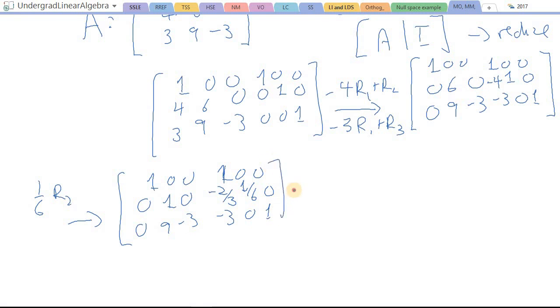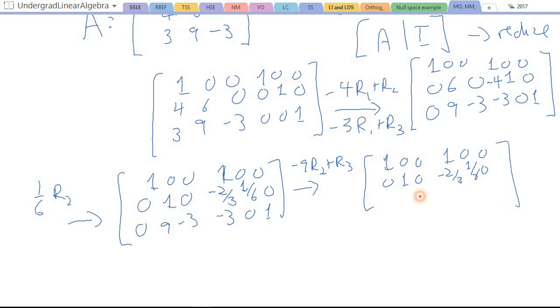Okay. So we're going to have to get rid of this 9. So I'm going to take minus 9 times row 2 plus row 3. And that's going to give me 1, 0, 0, 1, 0, 0. First row doesn't change. 0, 1, 0, minus 2/3, 1/6, and 0. That row doesn't change.